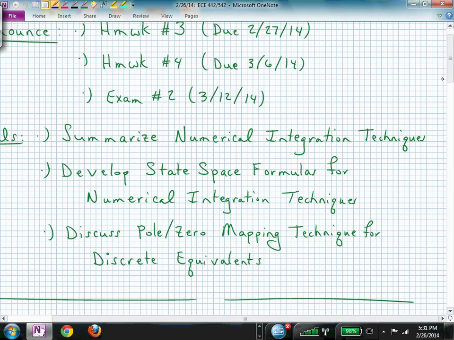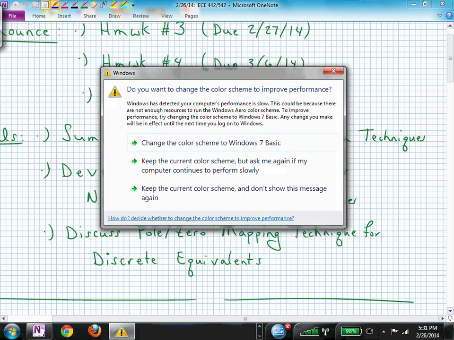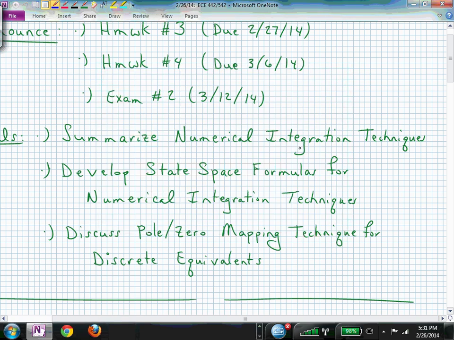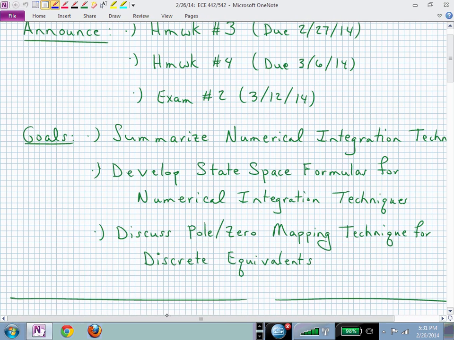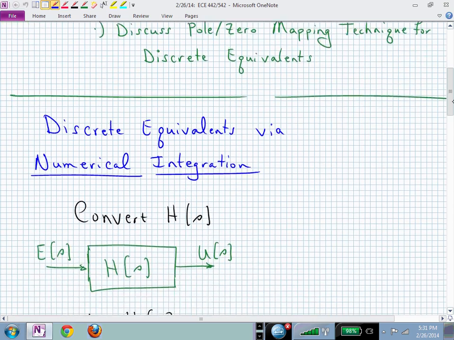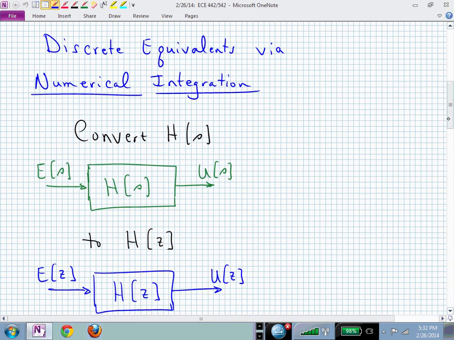And then hopefully we will get into another form of discrete equivalence, which is the pole zero mapping. But I think you can almost derive that on your own. It's just that we have to maybe worry about what's happening at infinity, or what do we do with zeros at infinity. That's what makes the pole zero mapping technique interesting, or gives it a little bit more flavor.